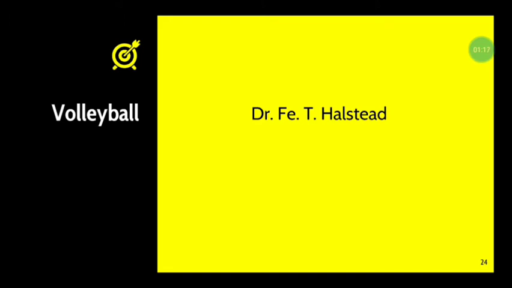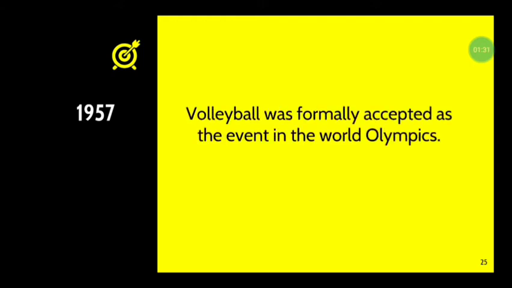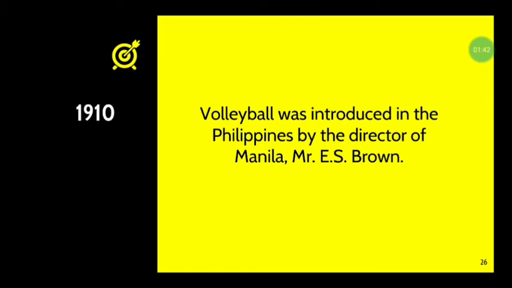He is the one who gave the name, so it was now called volleyball. In 1957, volleyball was formally accepted as an event in the World Olympics. And in 1910, volleyball was introduced in the Philippines by the director of Manila, Mr. E.S. Brown.